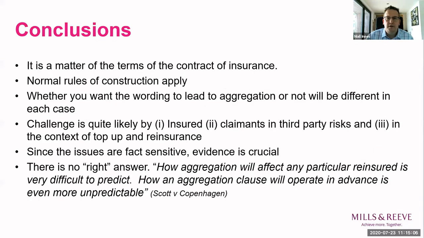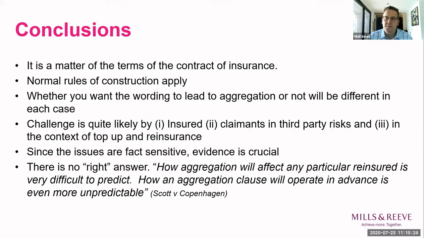I'm going to turn to some conclusions before looking at any questions, because I think we're coming up to about a quarter of an hour. And I think it is really important, as hopefully I've stressed, that aggregation is a matter arising from the contract, and the rules of construction apply.